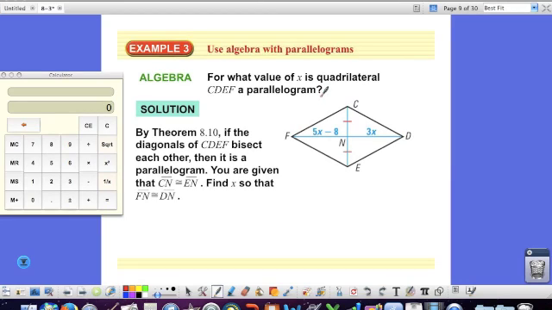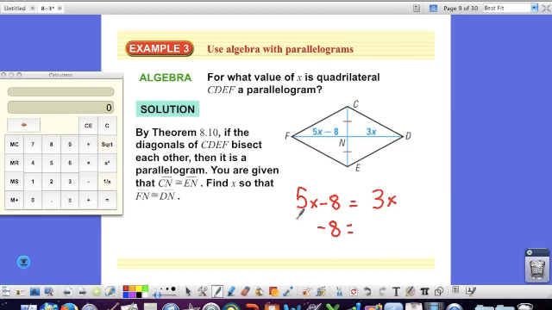And we're also going to use algebra with parallelograms. For what value of x is quadrilateral CDEF a parallelogram? So they've already told us that CN and NE are congruent. We need 5x minus 8 to be congruent to 3x.